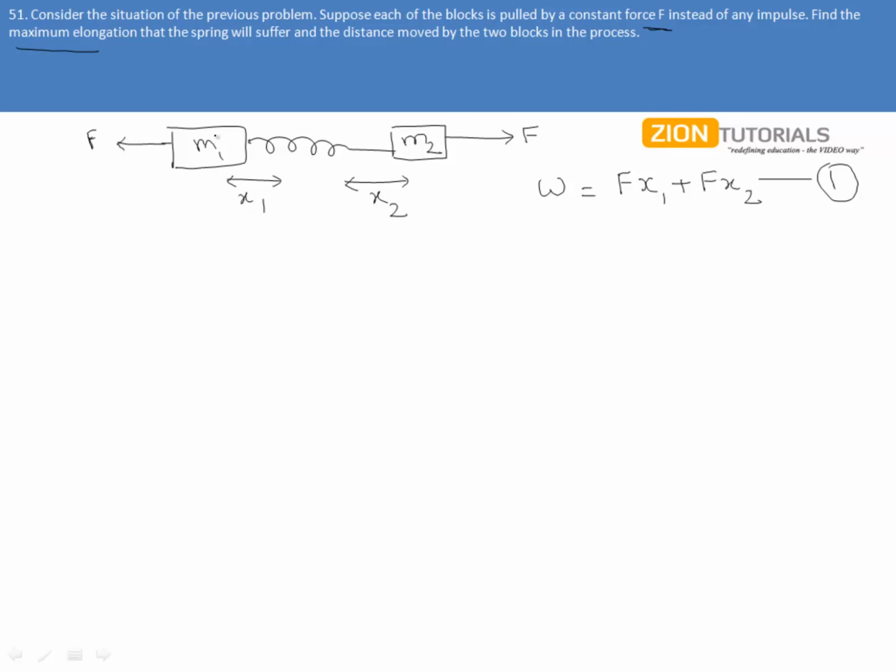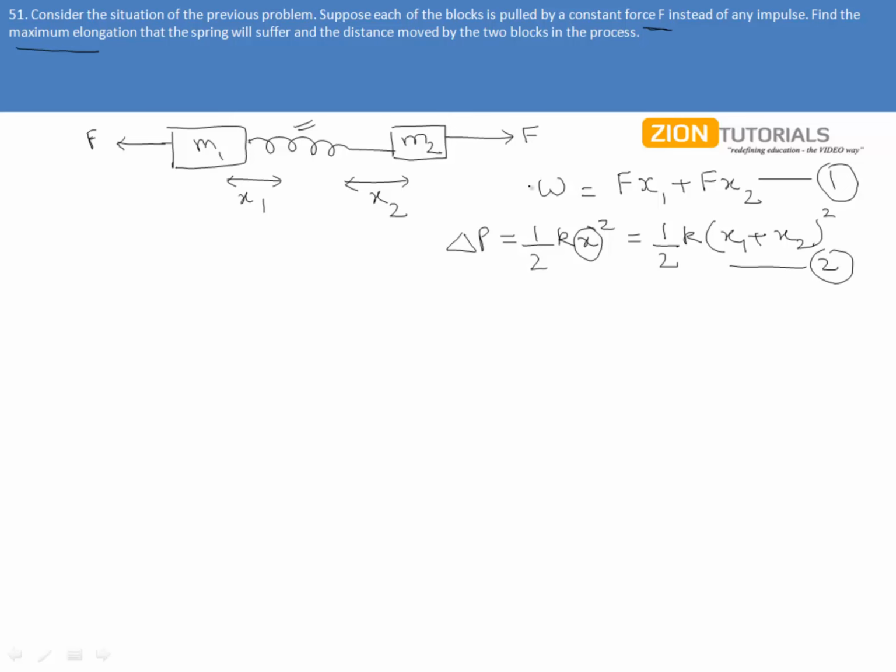Now when there is the maximum elongation, there will be only the spring energy. So I can write the change in the potential energy as half k x square, and this is the total expansion, so that will be half k (x1 plus x2) whole square. Let us mark it as equation number 2.